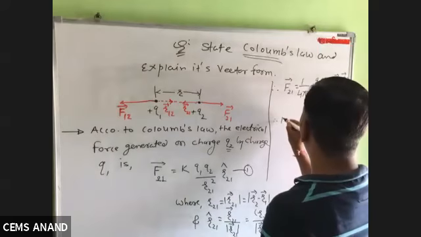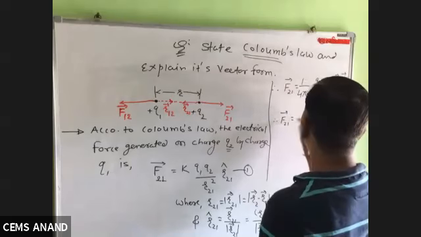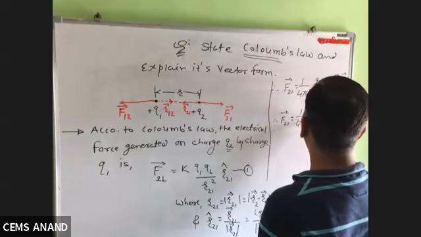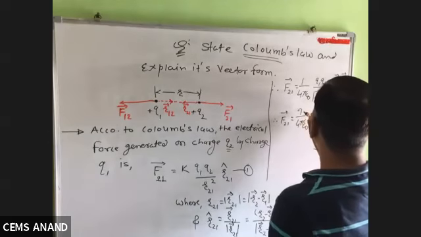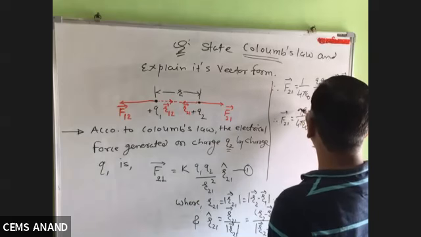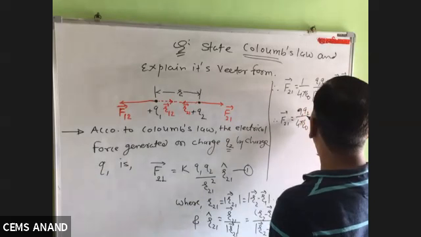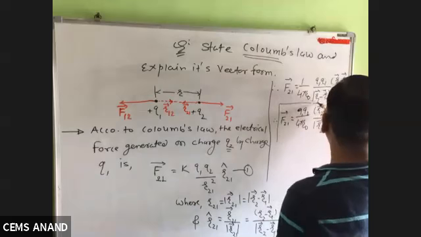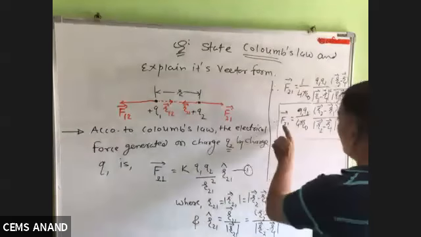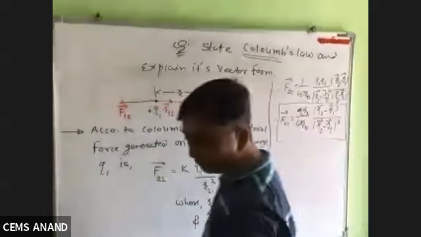So in general, F21 is equal to 1 upon 4 pi epsilon 0 Q1 Q2 times R2 minus R1 divided by modulus of R2 minus R1 cube. It is our final equation of electric force in vector form.